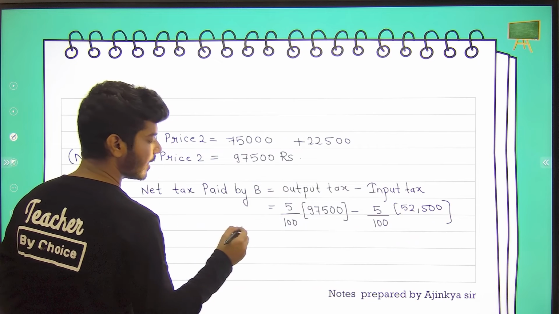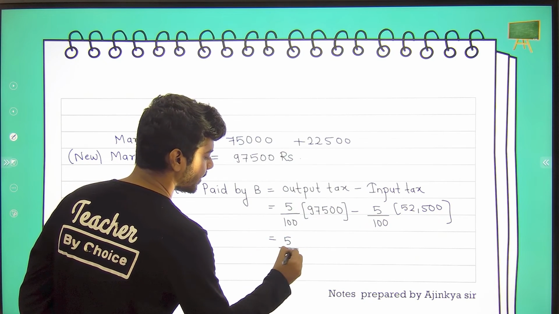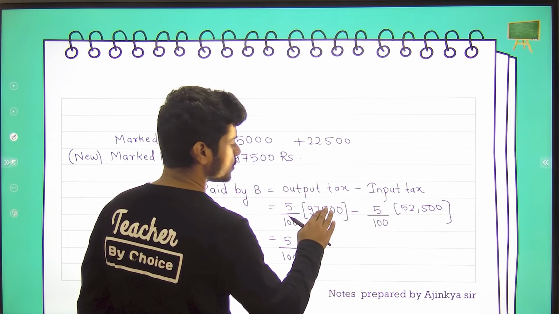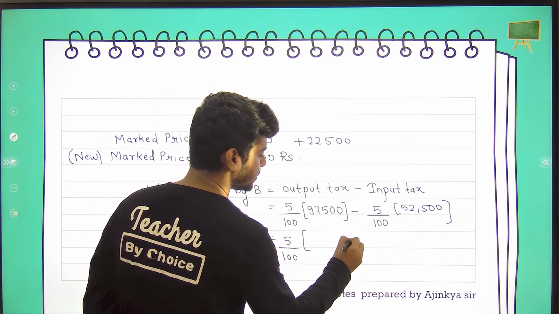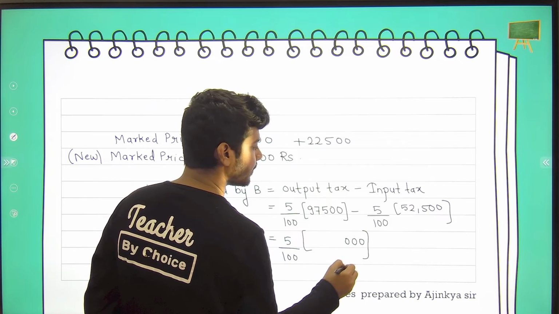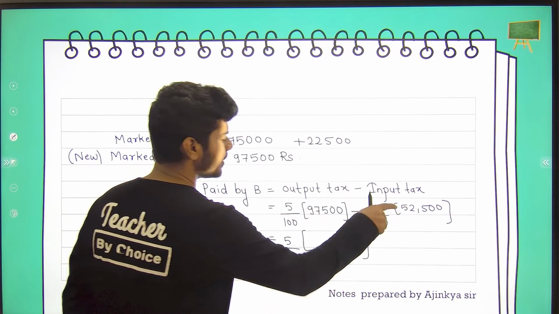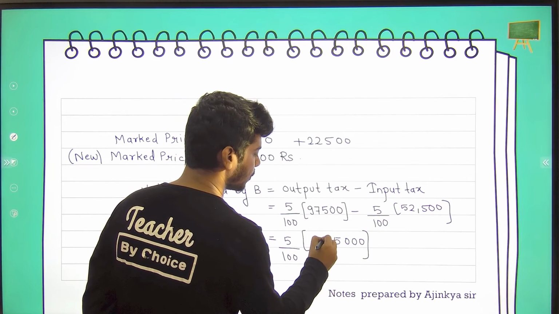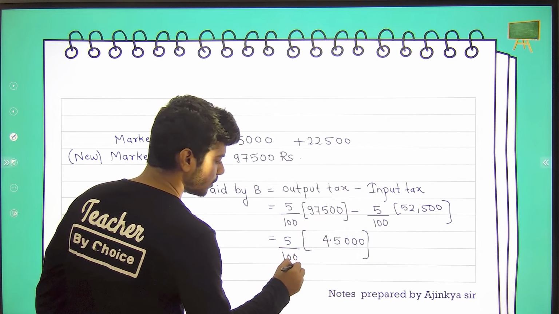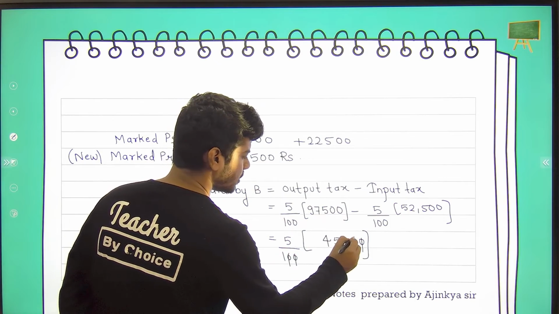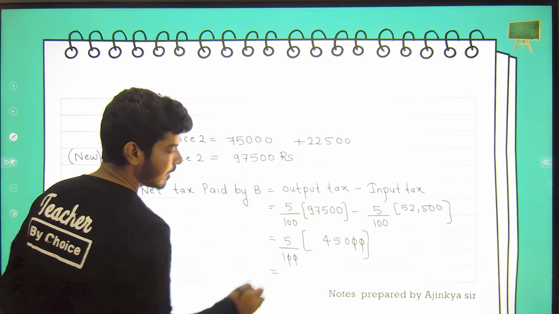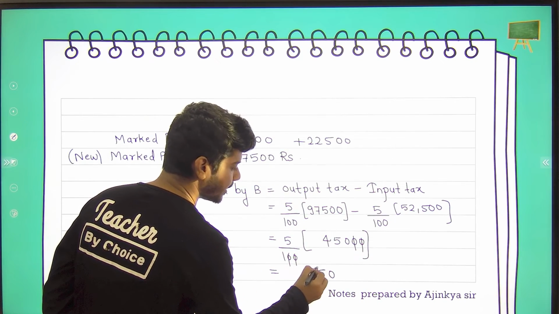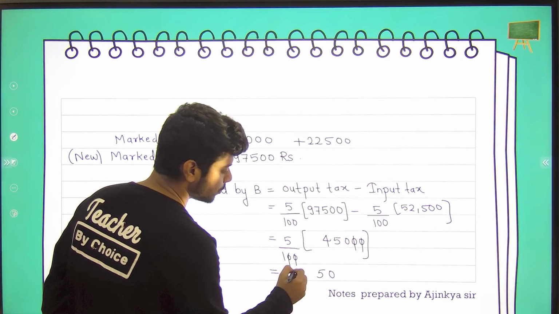We can take 5 by 100 as common. Then we will subtract this. So 500 minus 500, 0 comes here. Now 7 minus 2 is 5 and 9 minus 5 is 4. So 0, 0, 0, 0. Let's multiply them. 5 zeros are 0, 5 5s are 25, 2 carry, 5 4s are 20 plus 2, 22.